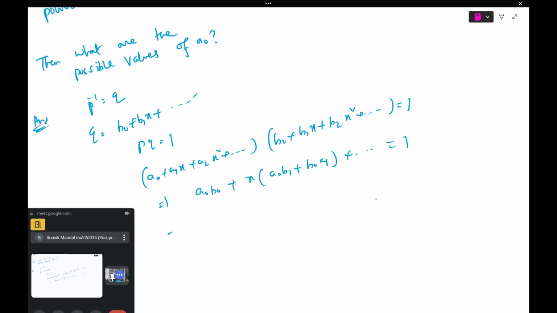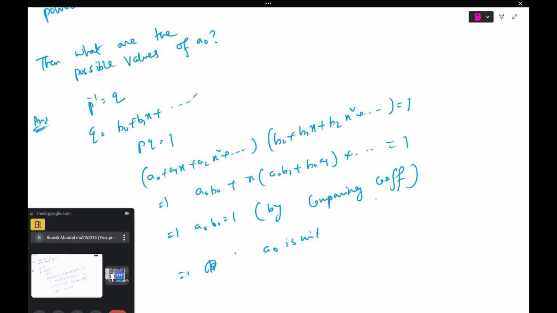Comparing coefficients, this implies a0b0 equals 1. Only this we get by comparing coefficients. Since a0b0 is 1, this implies a0 is a unit.